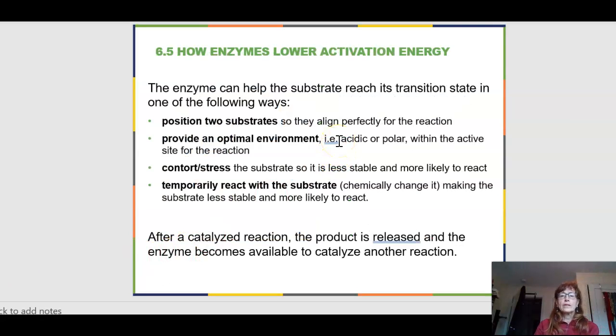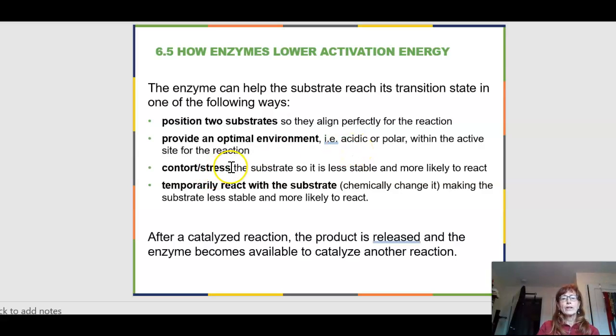So here's more on how the enzymes work. Once the enzyme has the substrates in that active site, now it's going to provide a special environment for that reaction to take place. So it could be that the active site might have something related to acidity or some charge that's going to help the substrate to bind and to have the reaction.